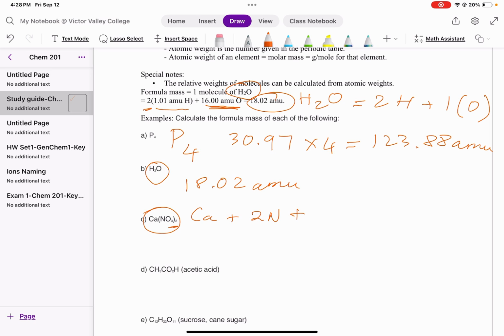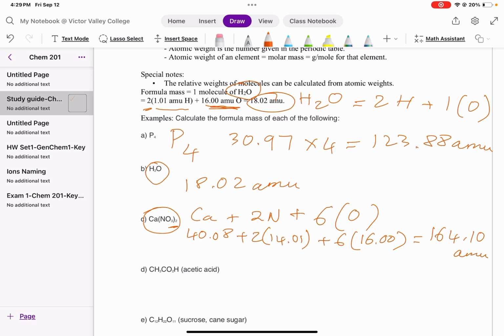You see NO3, there's 3 oxygen, but parentheses 2, so let's make it 6 oxygens, right? All right, so that's calcium. If you look it up, it's 40.08 plus 2 nitrogens, 14.01, plus 6 oxygens, 16. Okay, do your math correctly. It should come out 164.10 AMU, okay?